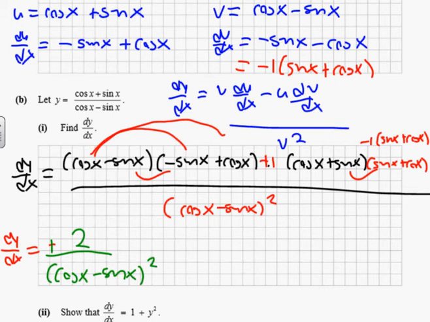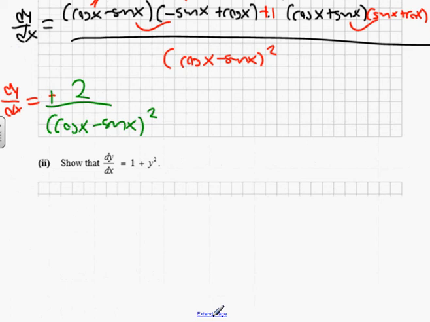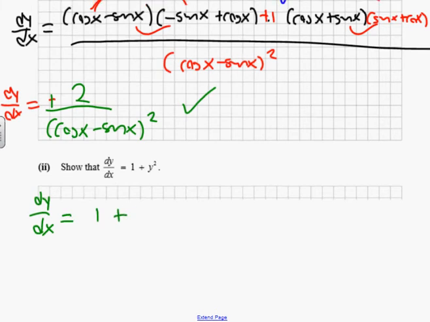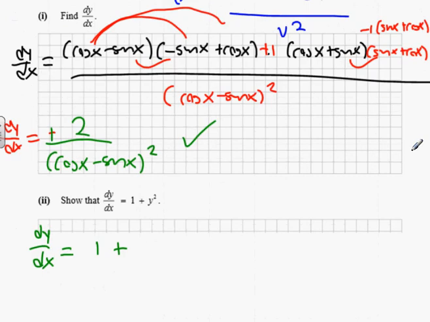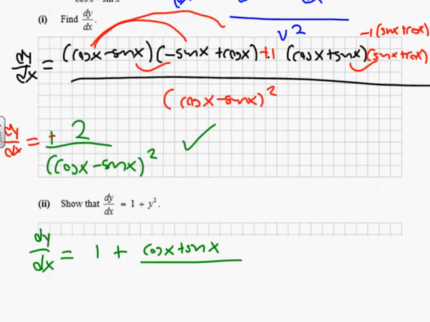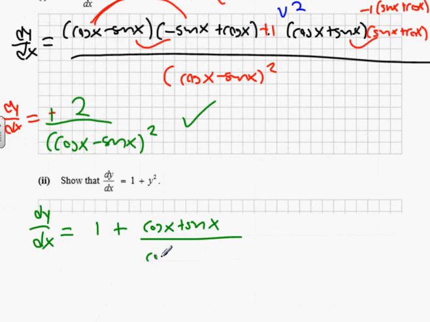Now, next part is show that dy/dx equals 1 plus y squared. Well, we know that dy/dx equals this, okay? So what we can do is we can say that dy/dx equals 1 plus, now what is y? Y is cos x plus sine x over cos x minus sine x, to be squared.